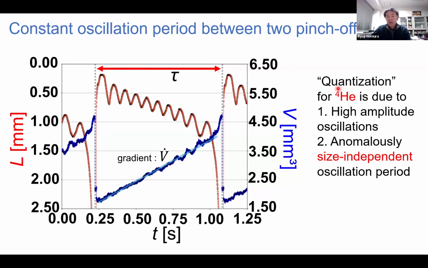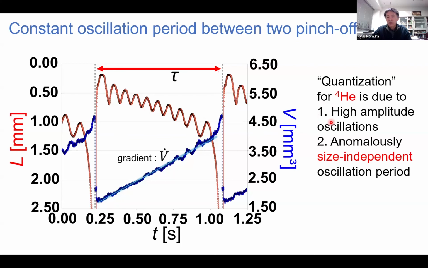And we observe the quantization of the dripping period, or the discretization of the dripping period, for the superfluid. And I think two things are important. One is a high amplitude oscillation. This amplitude is so high, it's comparable to the droplet size, and it never damps. It keeps oscillating at the same amplitude because it's a superfluid, and once it starts to oscillate, it never damps.